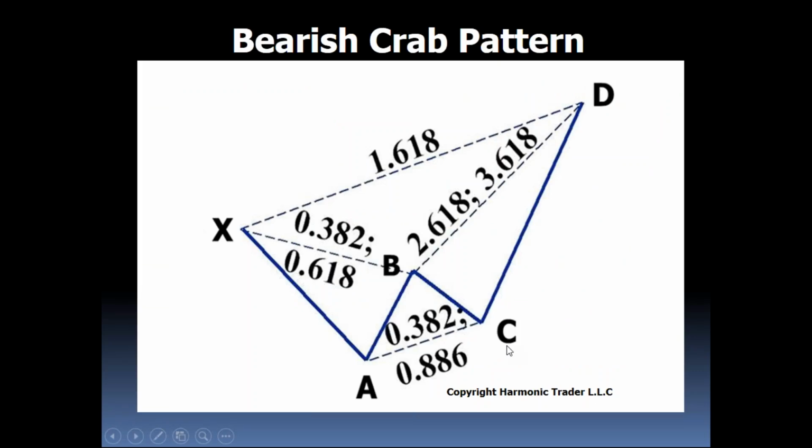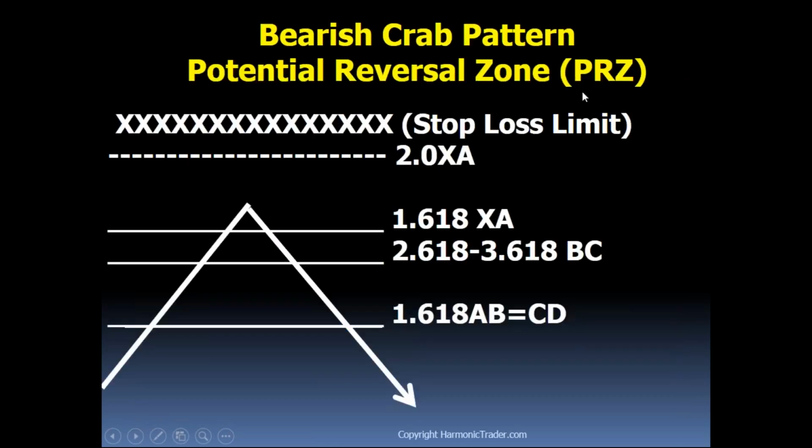Now, bearish crab patterns, again, are W structures defined by the B point with a 1.618 at the D. In the bearish crab potential reversal zone, you're going to have your three primary numbers: most notably the 1.618 XA leg, your extreme BC, and your alternate AB equals CD.